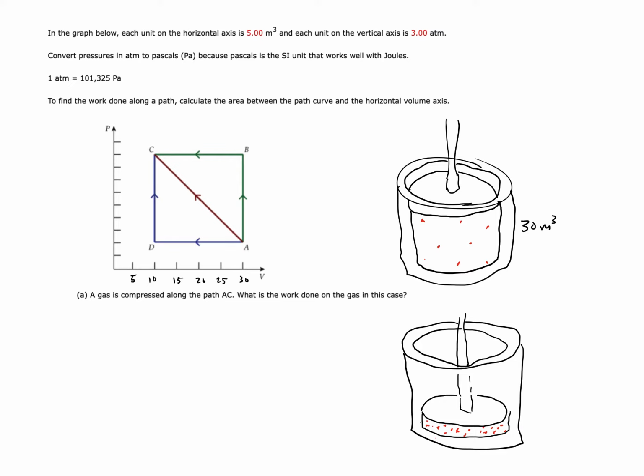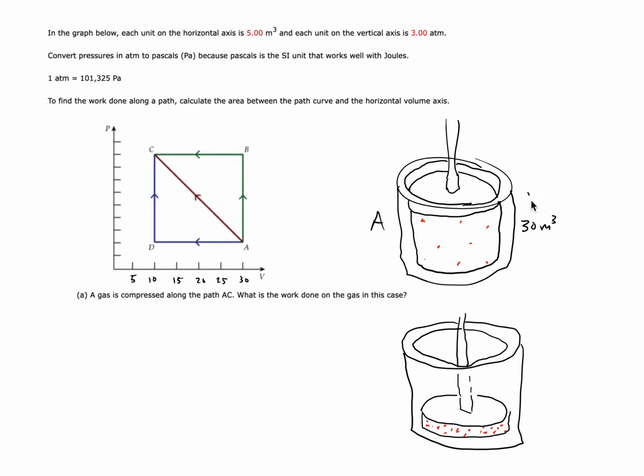Alright, so the red, the green, and the blue show different paths that a gas could be taken through. And I have an example over here on the right of what would be called state A. This would be point A in a cylinder where there's a piston that's keeping a gas contained.